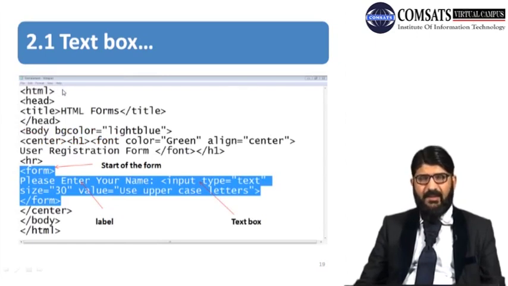Now let's consider an example for an HTML text box. If you consider an HTML starting tag, then the head tag is mentioned, and the head tag is ended. After the title tag, a body tag is started where the body color is mentioned and heading 1 is mentioned, and then heading 1 is ended, and then a line is given.